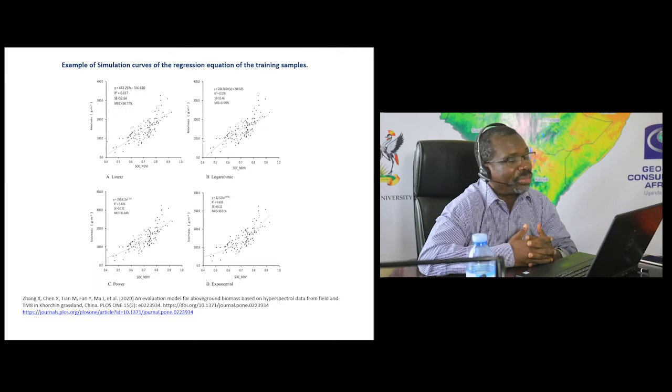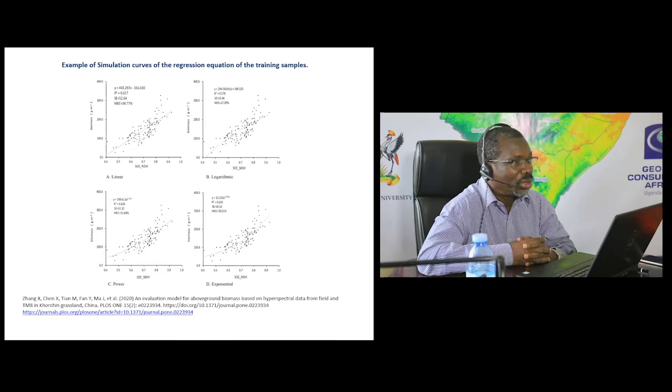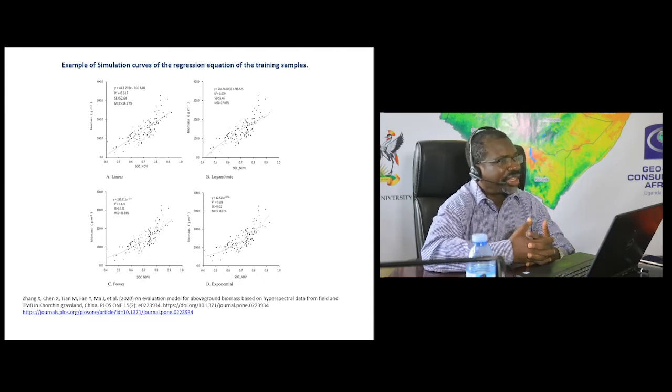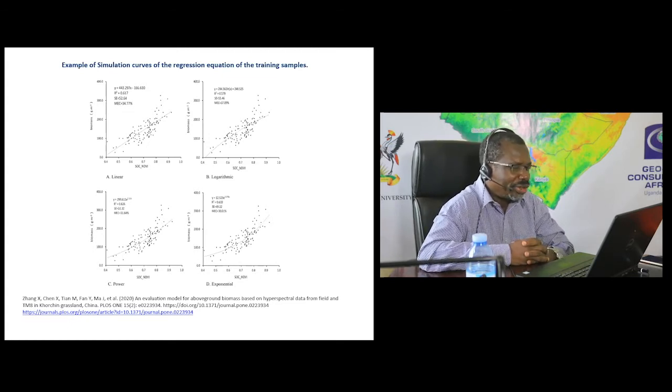This is very important information to show that there is a good relationship between the NDVI and the biomass. Of course, there are cases where the vegetation has grown and the NDVI starts going down, while the biomass almost remains constant.